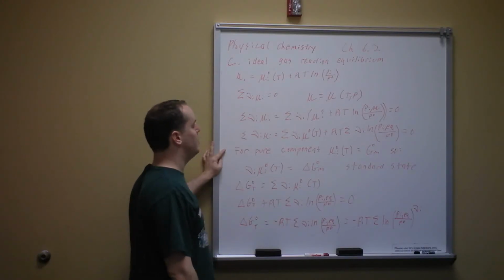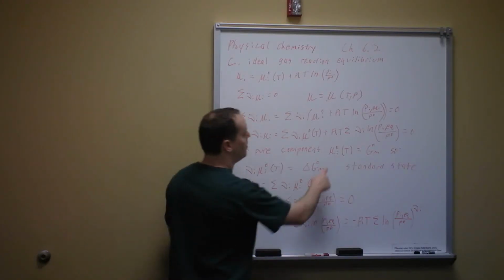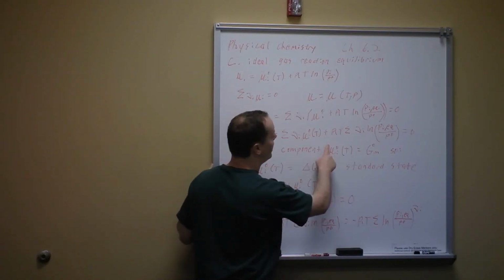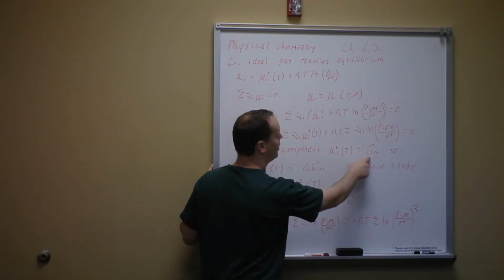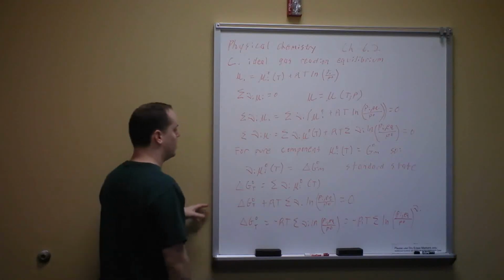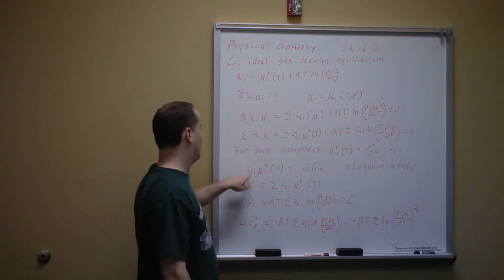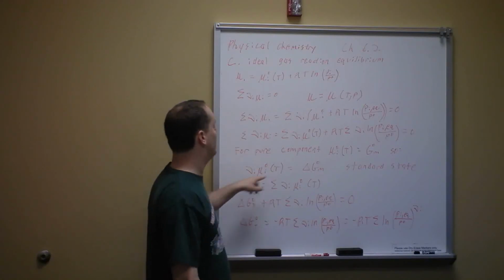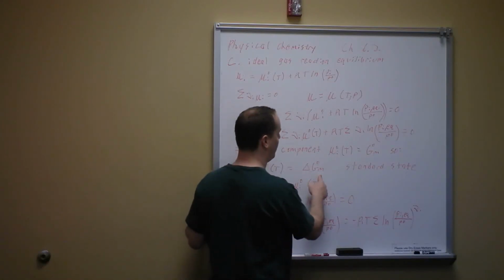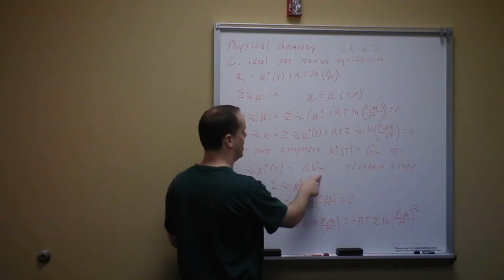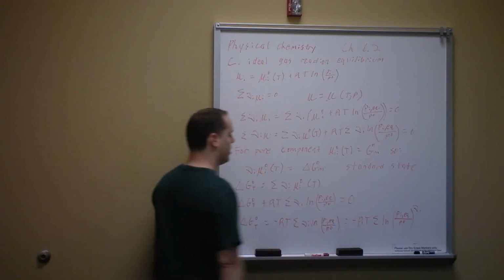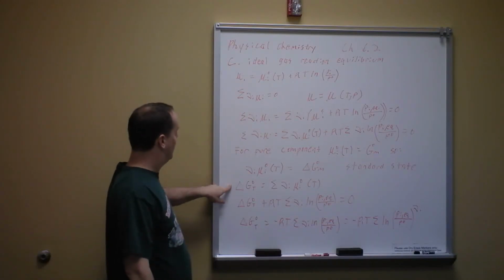Now, we know if you have the pure component, then the chemical potential for I is just the same as the molar Gibbs free energy. So, substituting that in, we could say that mu I naught at temperature is equal to the change in the Gibbs free energy, molar energy. And remember, the naught means you're at standard state, which is at 1 bar.